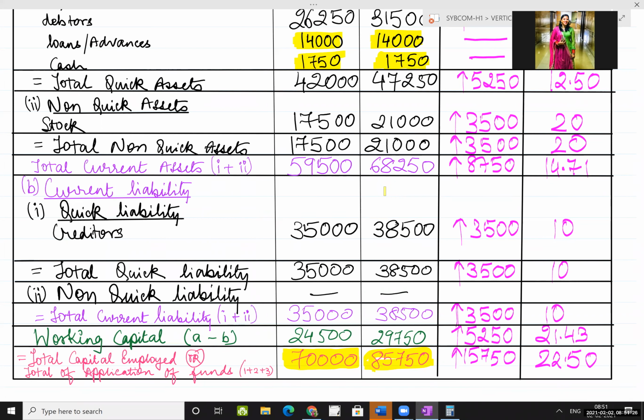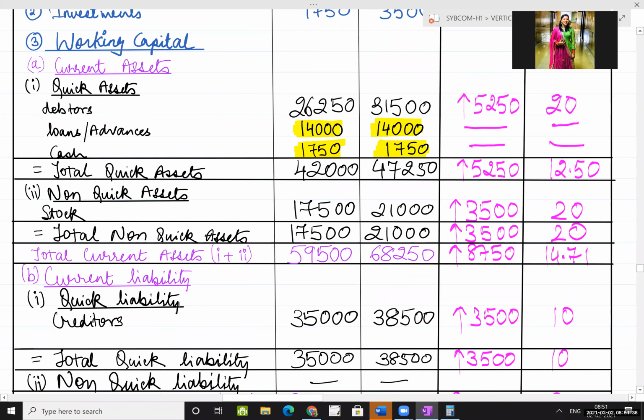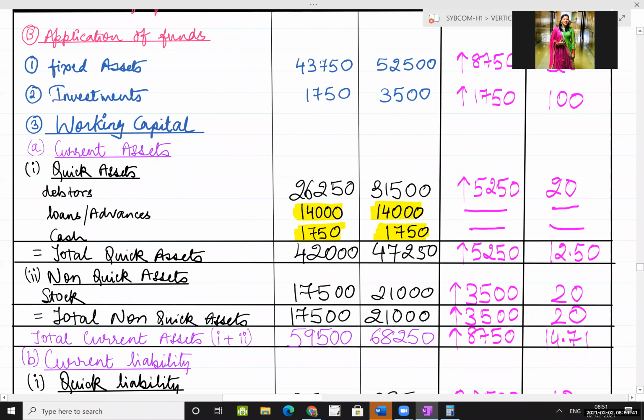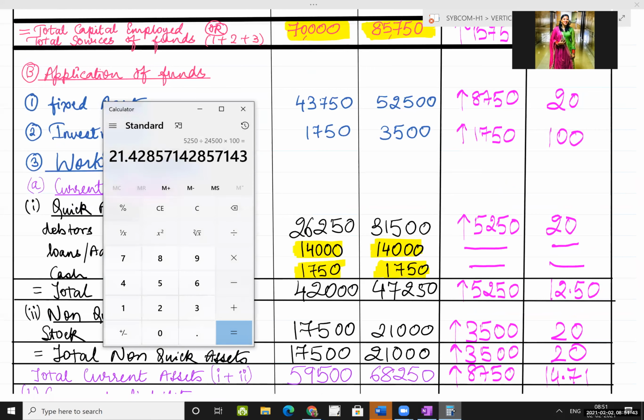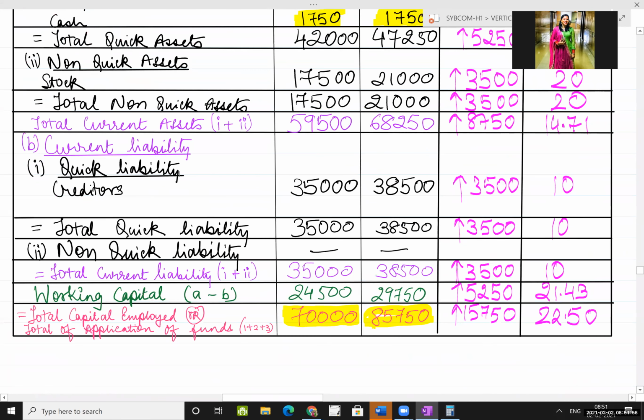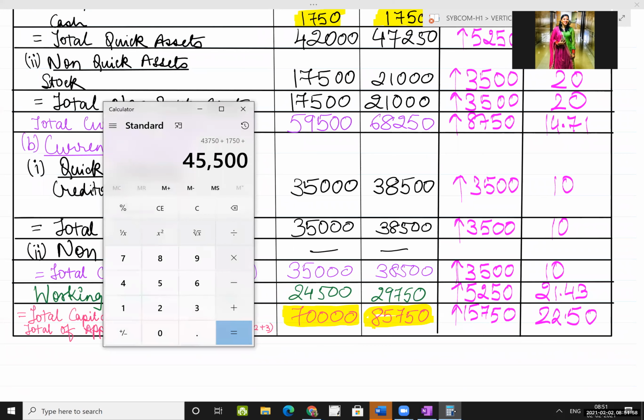Then total it. Total of application of funds: fixed assets plus your investments plus your working capital. Okay, fixed assets कितना है आपका 43,750, investments 1750, plus your working capital 24,500, 70,000.